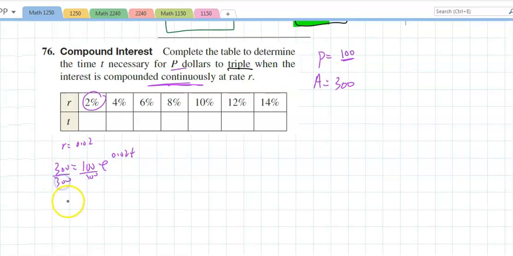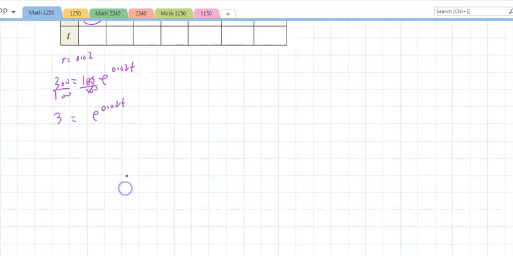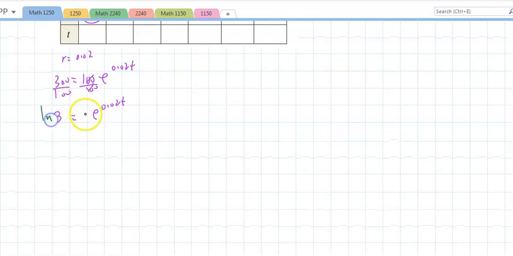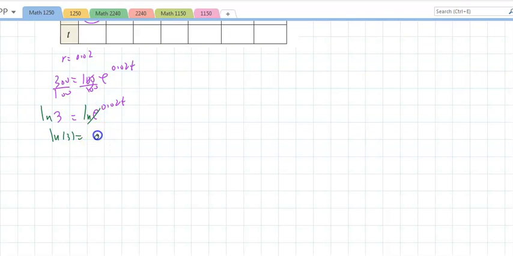I'm sorry, did I say trig? I'm so stuck on trigonometry. I meant the exponential. 3 equals e to the 0.02t. And now what? Natural log of both sides. Natural log of 3 equals 0.02t. Divide by 0.02, and there it is.